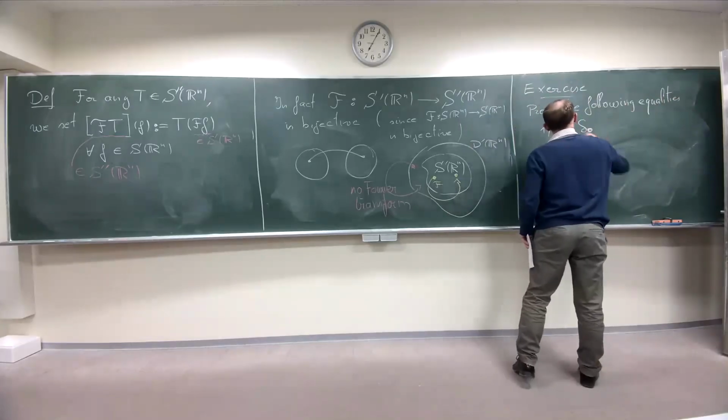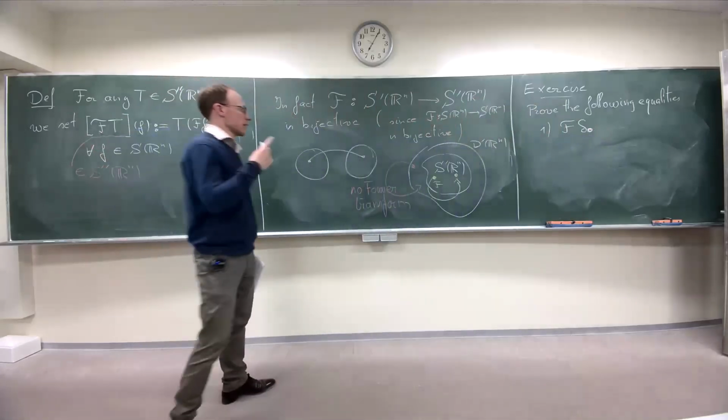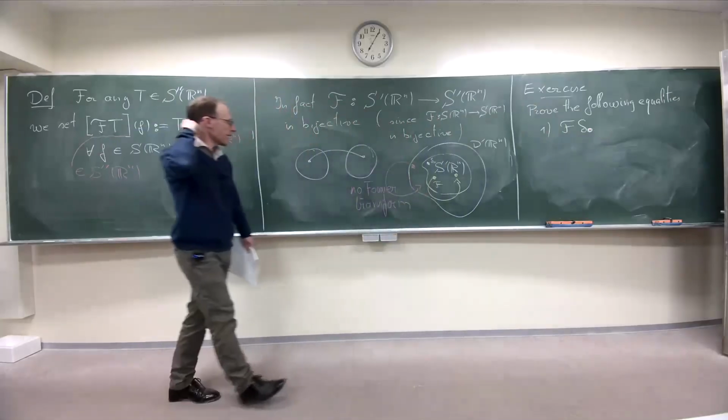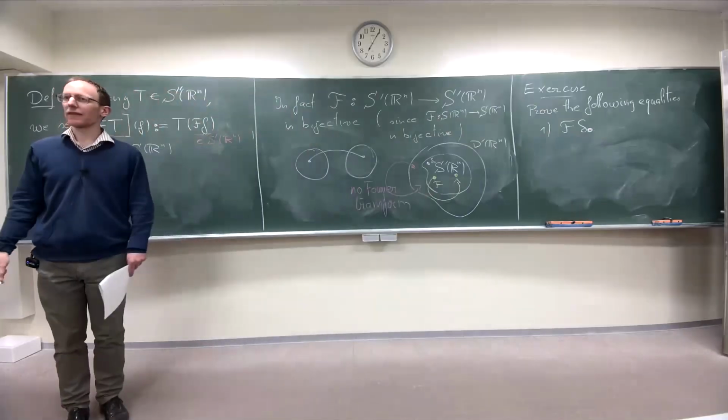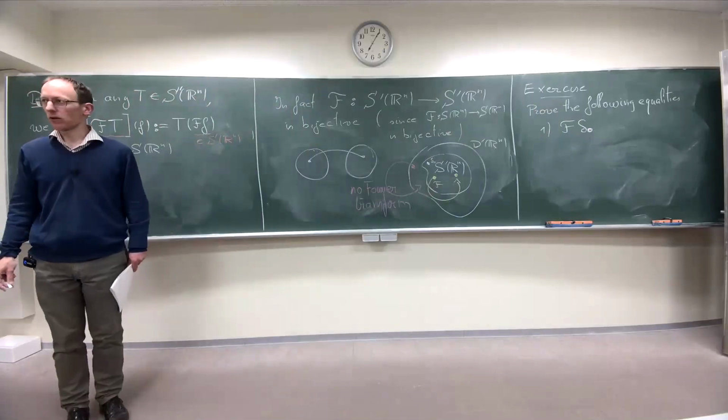What is the Fourier transform of delta zero? First, in fact, we should check that delta zero is here. So the Dirac delta distribution at zero, we should check that it is indeed a tempered distribution, but this is not difficult.